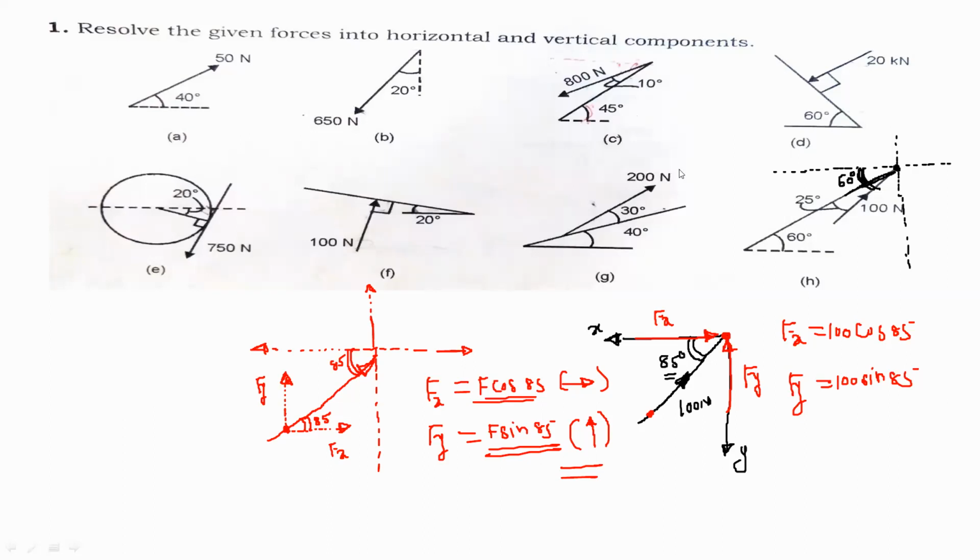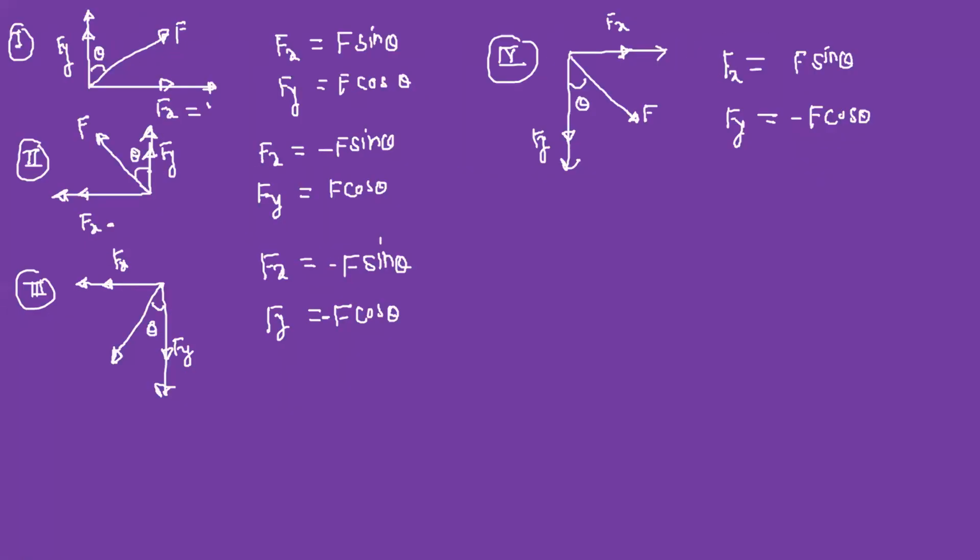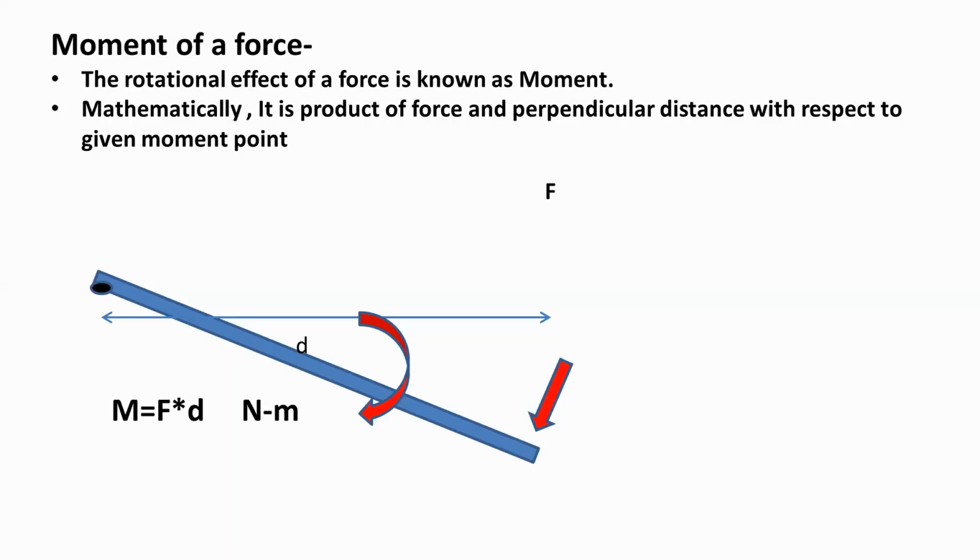So now we will start with the moment and the mathematical equation for the moment. You must have studied this moment maybe in the 11th or 12th standard. So what is the meaning of moment?